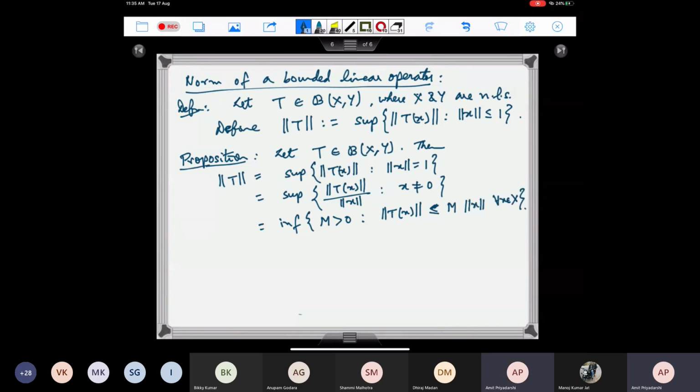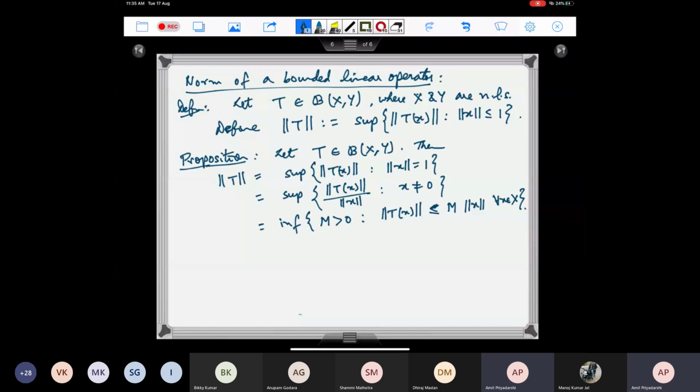First of all, you can see that all these are finite quantities, because if T is a bounded linear operator, then we know that there exists some m such that norm Tx is less than or equal to m times norm x for all x. So this is a non-empty set, and it is bounded below by 0.